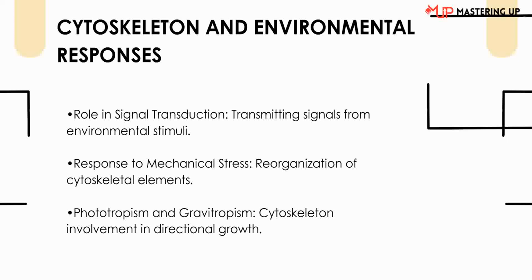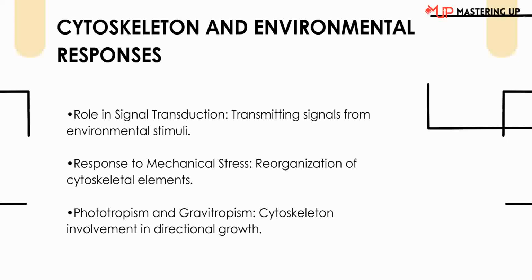phototropism and gravitropism: cytoskeleton involvement in directional growth. Phototropism is the growth of a plant towards light, while gravitropism is the growth in response to gravity.